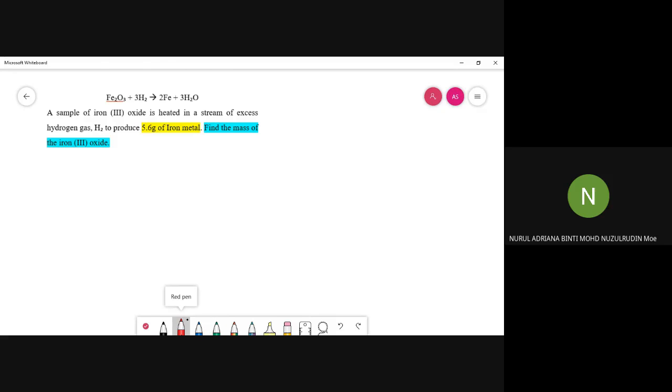First step you apa? Cari molar mass. Cari molar mass iron? Cari number of moles Zarif, bukan molar mass. Oh ya. So you punya unknown apa dalam soalan ni?